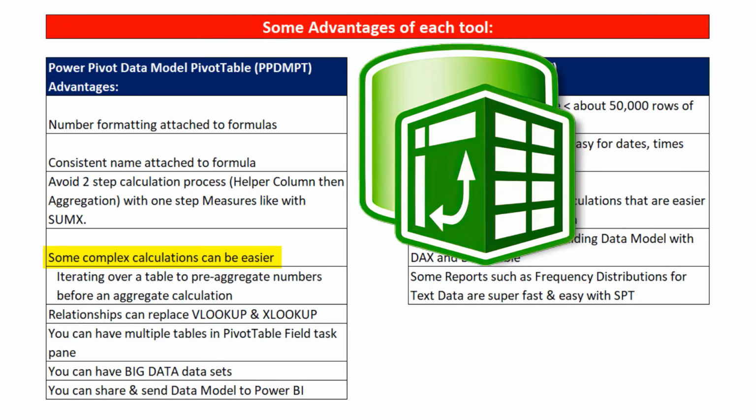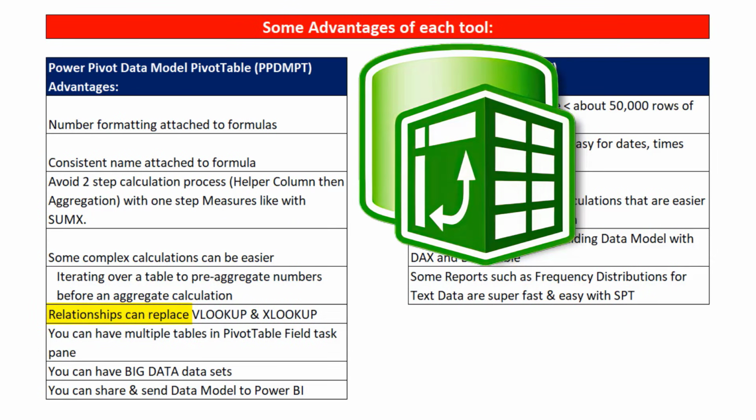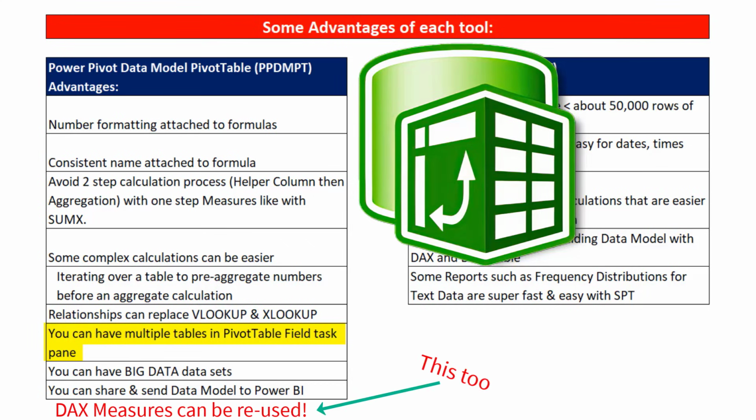Some complex calculations can be easier with DAX, like iterating over a table to pre-aggregate numbers before making an aggregate calculation. We saw that with AVERAGEX. Relationships can replace VLOOKUP and XLOOKUP. You can have multiple tables in the PivotTable Fields task pane. You can deal with big data. You can share and send the data model over to Power BI.